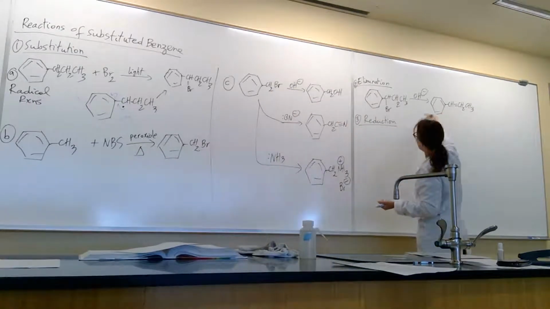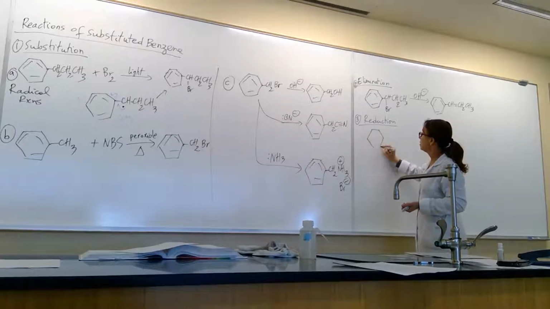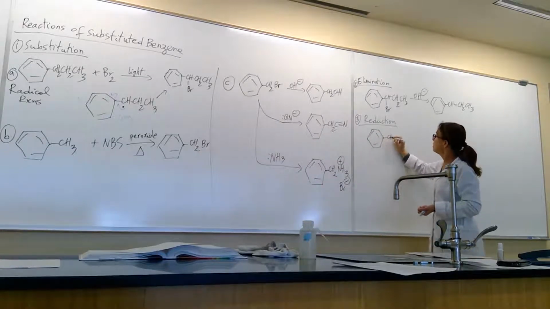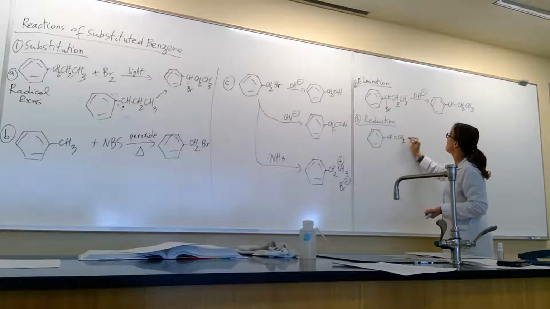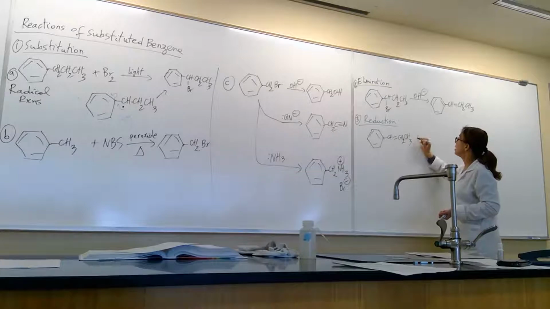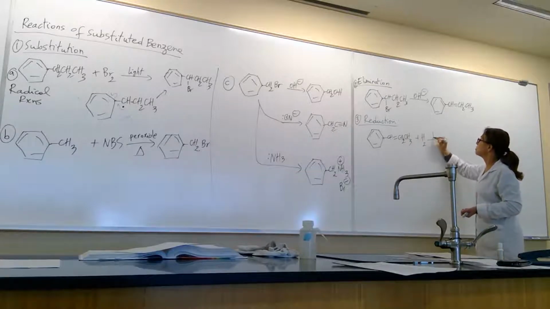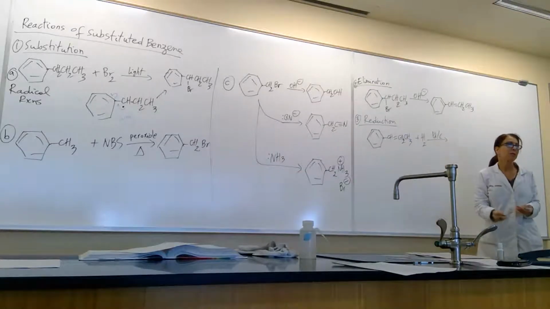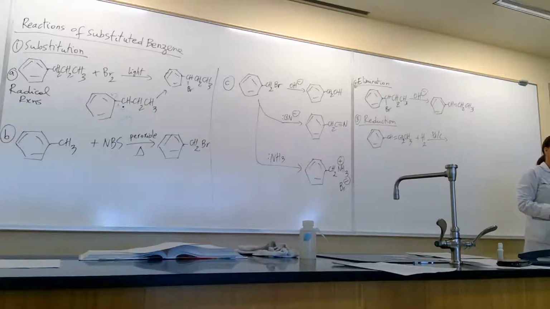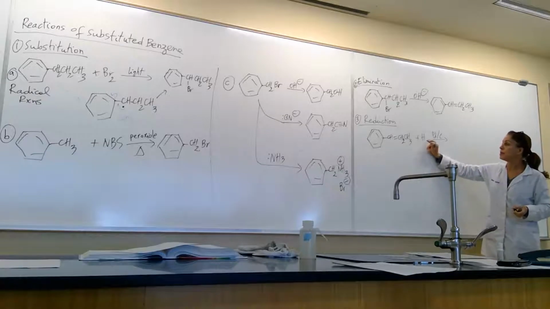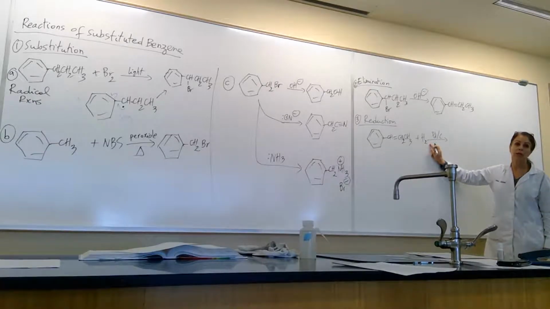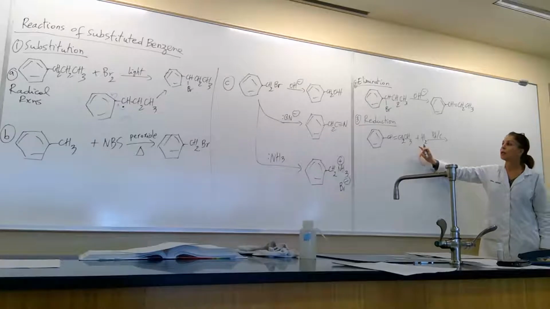So if I take that compound, let's say, and we add hydrogen in the presence of Pd/C, what chapter does this remind you of? Chapter 6 or 7, which is the alkenes. So we're going to look at it as an alkene. So this is hydrogenation. So what is going to be hydrogenated?